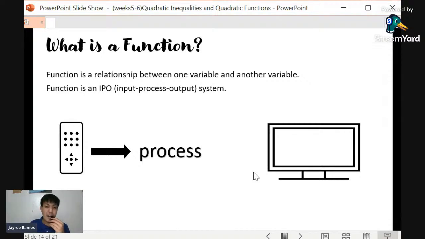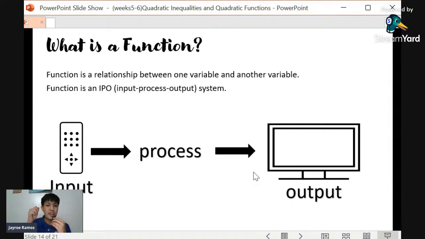And of course, ang output natin is the point na nabuksan yung TV. As simple as that, di ba? Input, remote, nag-on. Yung point na pinindot mo yung on, so that is the input. And then kapag pinindot mo yung on, so there will be a process. Okay? And then ang output natin will be the part where nabuksan yung TV. So yun po ang function. Okay?